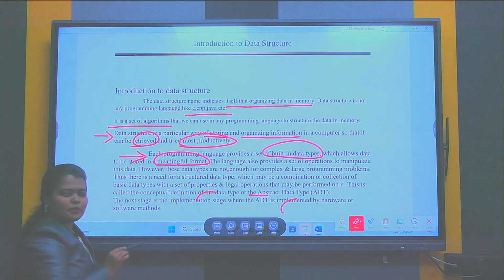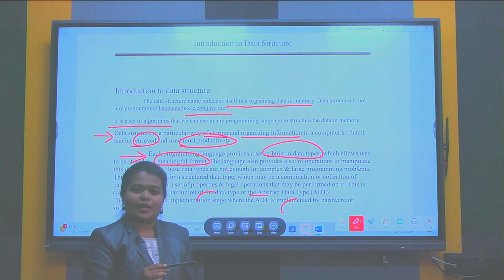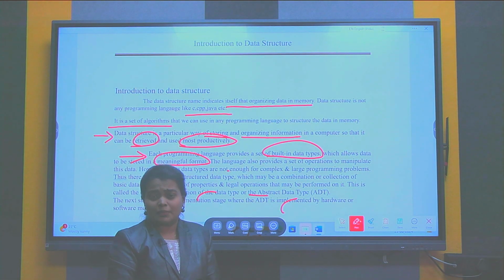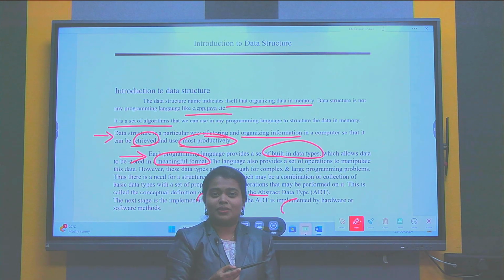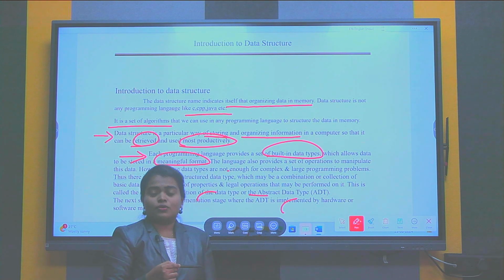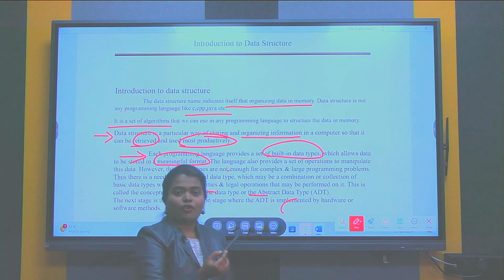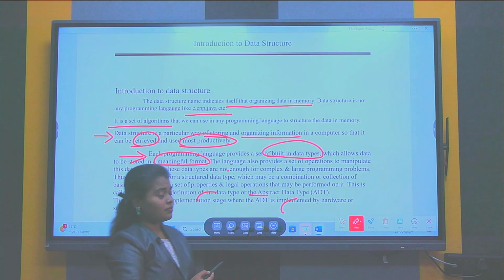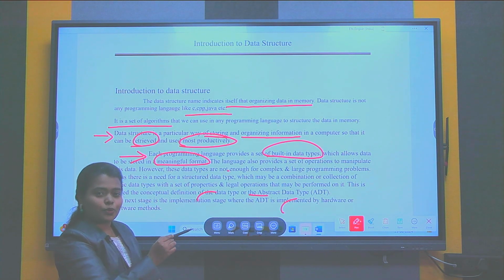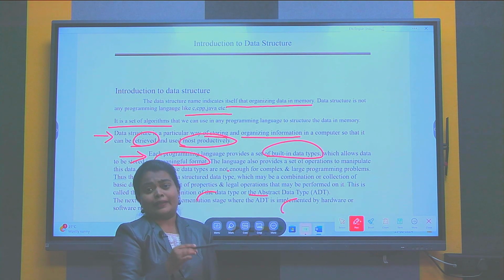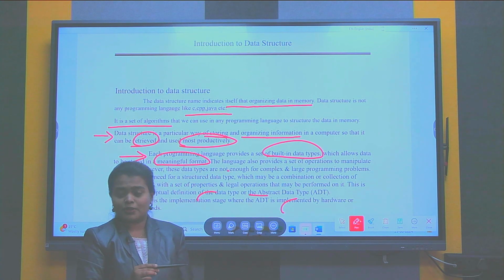What is the purpose of these built-in data types? If you want to store an integer, we use int. If you want to store a char, we use char. If you want to store booleans, true or false, we use boolean. They give a meaningful format to the data so that it can be stored in a particular way in the computer's memory.